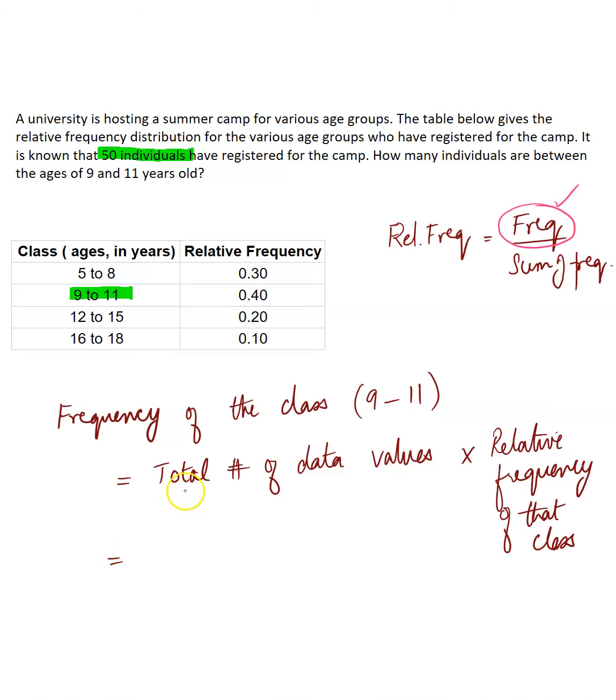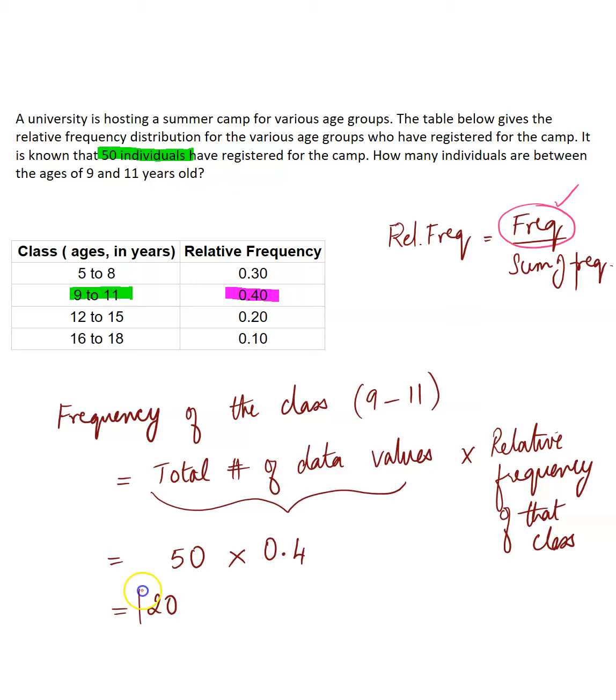So here we have the total number of data values given to be 50 individuals. So that is in the problem. So that's 50 times the relative frequency for that particular class, which corresponds to this 0.4, right? Multiply these two and you get 20. So we know that out of the 50 individuals, 20 individuals fell in the age group of 9 to 11.